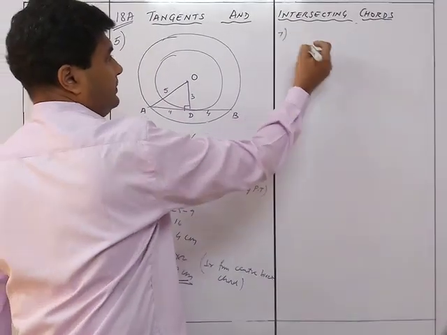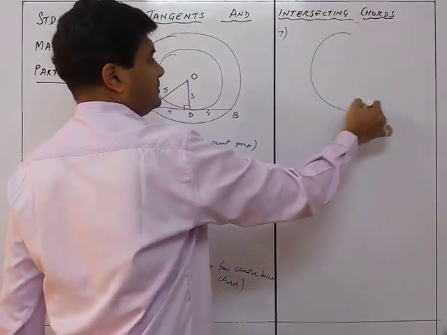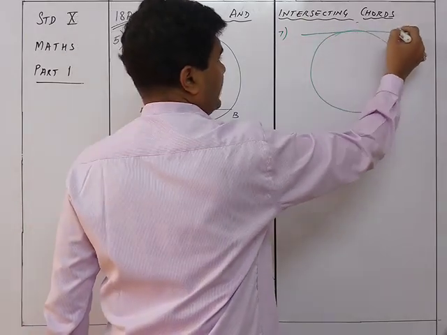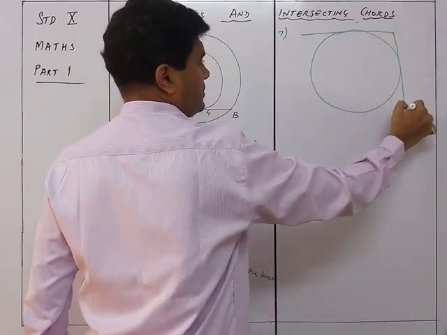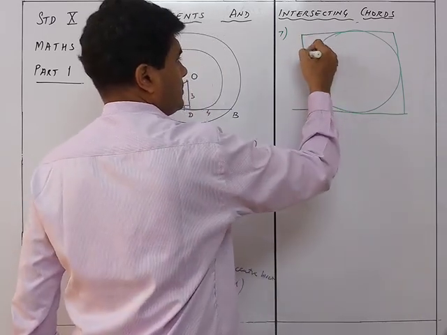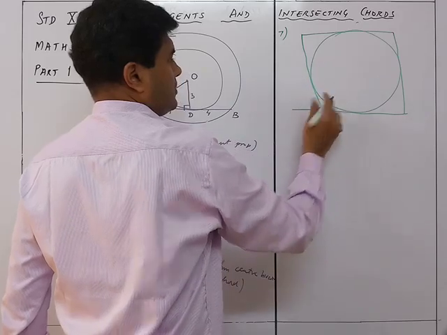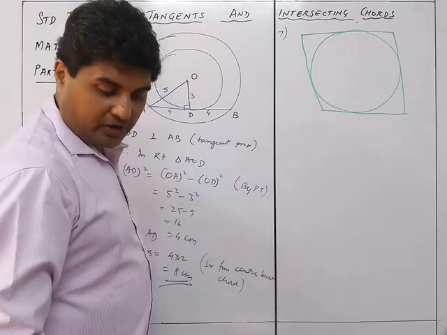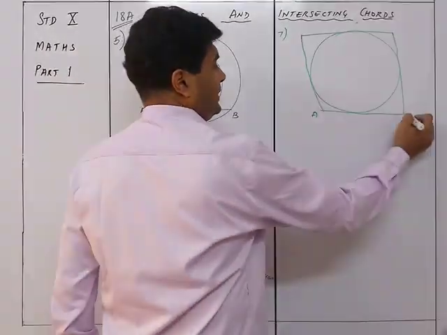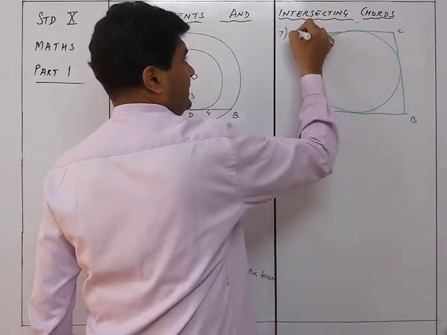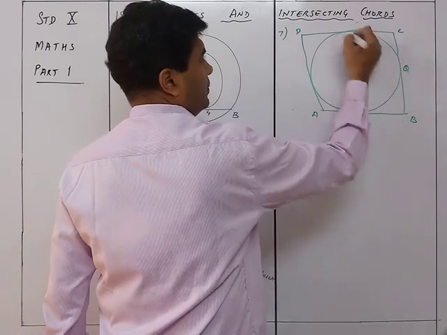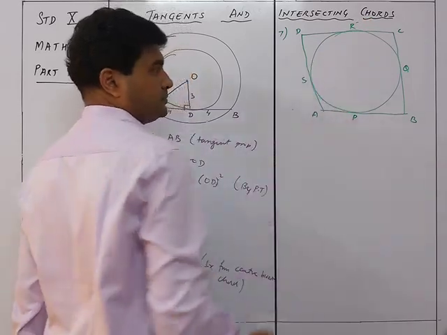So sum number 7. This is the circle and these are the sides. Whatever may be the figure over here, quite similar. So it is A, B, C and D. We'll take this as P, Q, R and S.